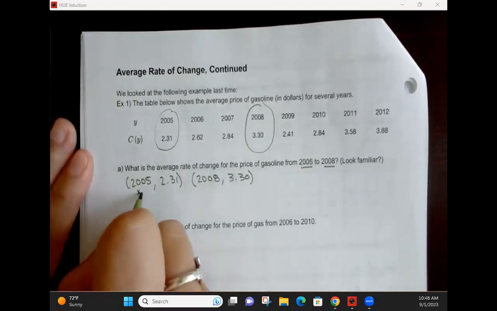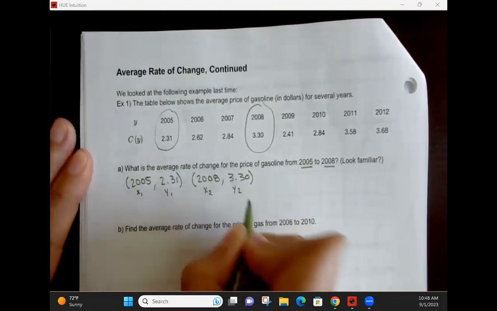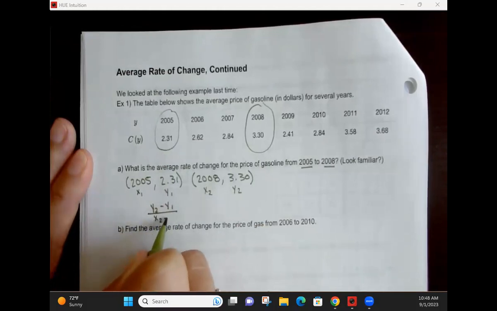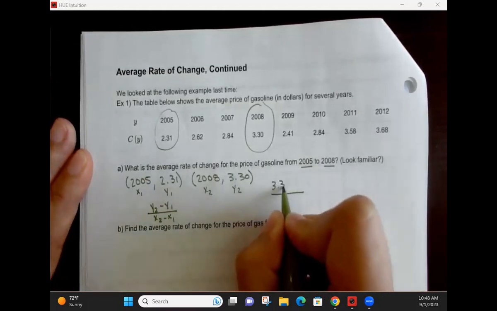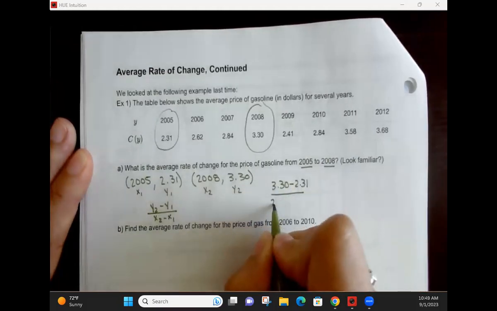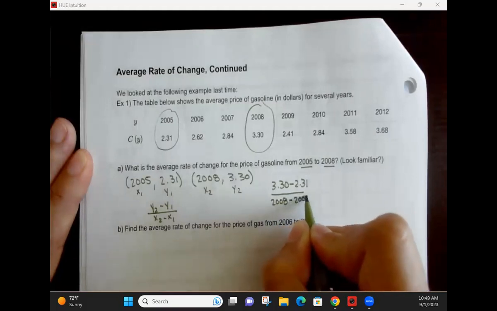We're saying what's the average amount that we're changing by over this interval of time. So if you are a labeler, x1, y1, x2, y2, and then remember our slope formula is y2 minus y1 over x2 minus x1. So for this problem, we would have 3.30 minus 2.31 over 2008 minus 2005.